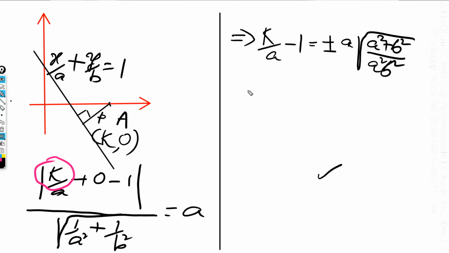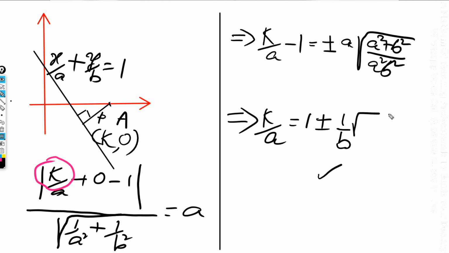I have taken LCM, which is nothing but K by A is equal to 1 plus or minus, A getting cancelled, B comes out, 1 by B root over A square plus B square.